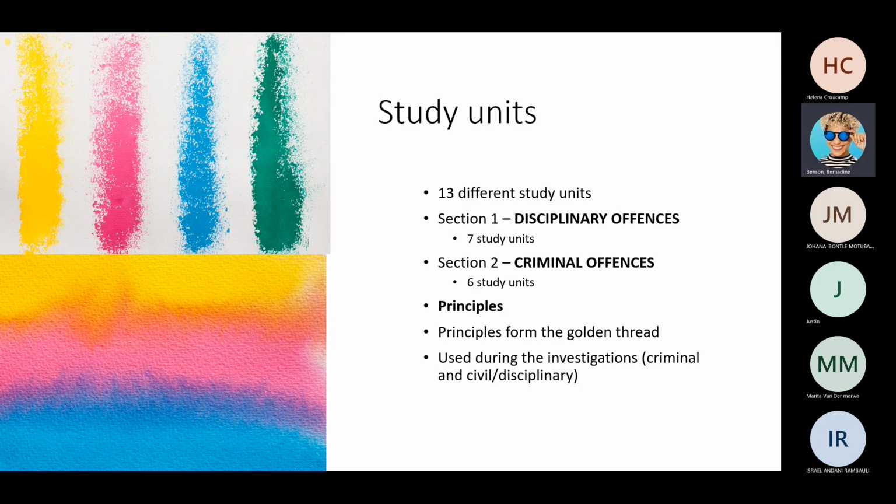So let's proceed and look at coloring inside the lines, which basically means we stay within the boundaries we set. From this image, you can see that there are different shades of yellow and pink and blue and green right in the top. But in the bottom, the lines are blurred and you can't really see where the one starts and the other one ends.